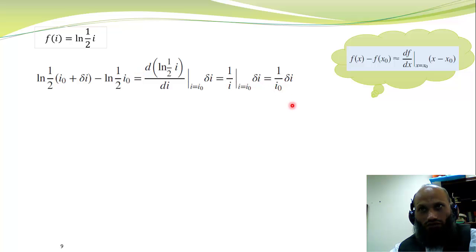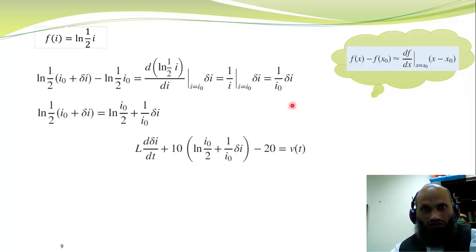So now the differential equation which describes the nonlinear circuit, here this nonlinear function, can be approximately described by this expression. Here if we bring it to the right hand side, we have this equation.